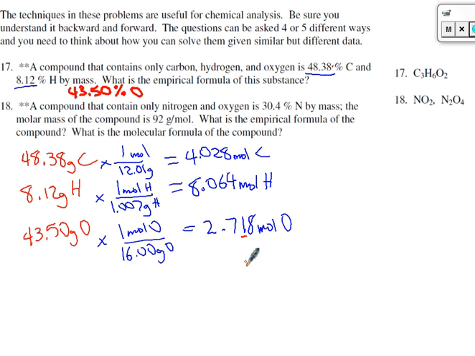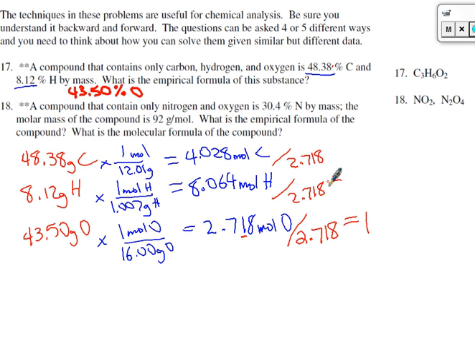So what we do is we have a formula right now, but it's not a nice whole number. So we're going to guarantee a whole number by dividing each of these values by the same value. And what we generally did is we divided the smallest into the others, because that guarantees us one whole number. And that's right here. We're going to get a 1 for the oxygen.